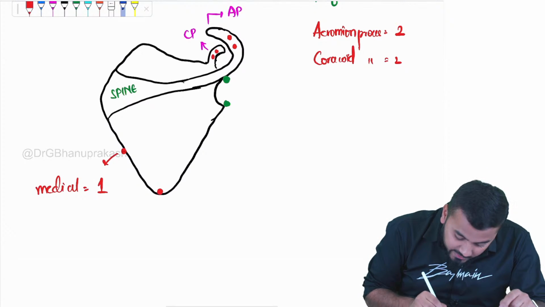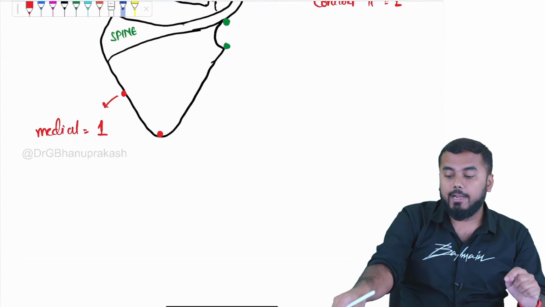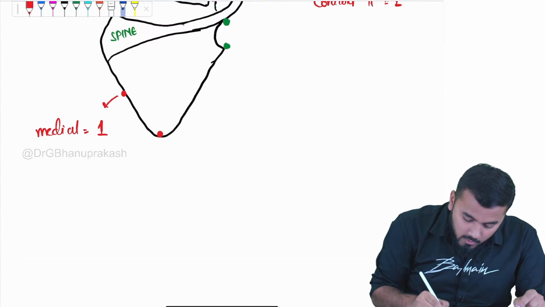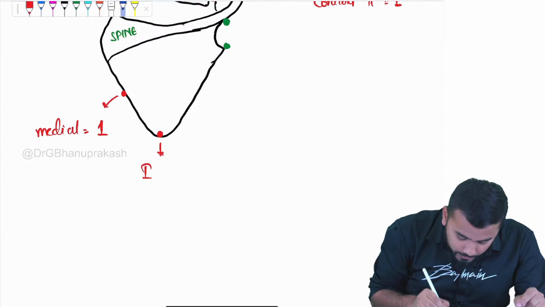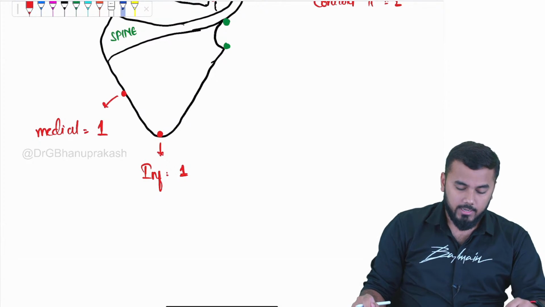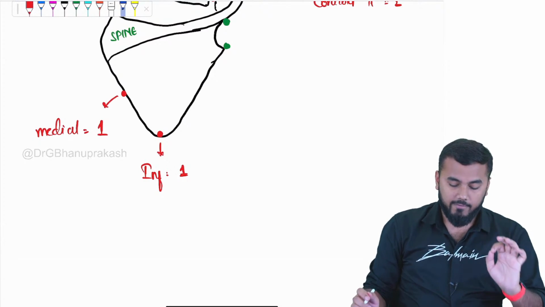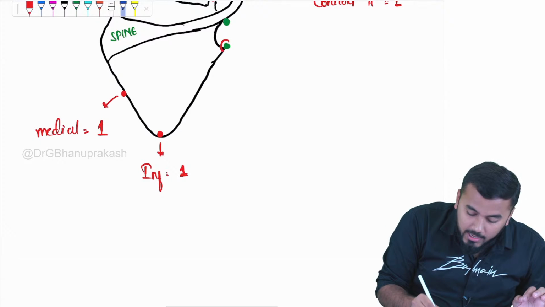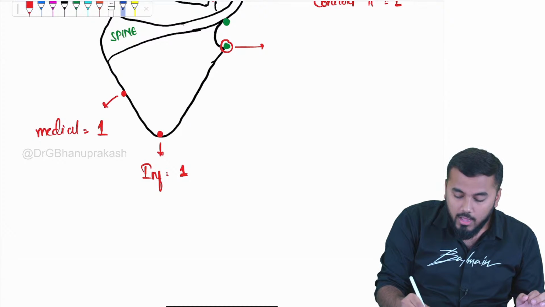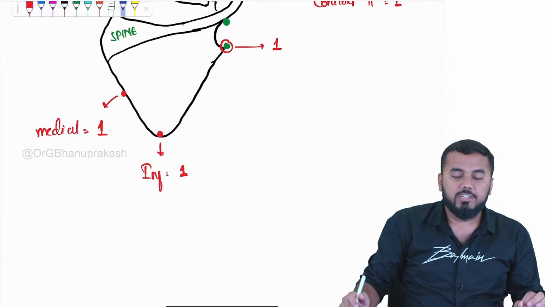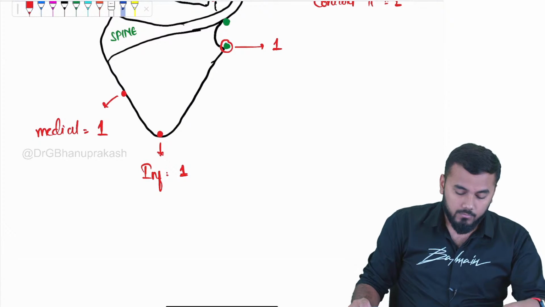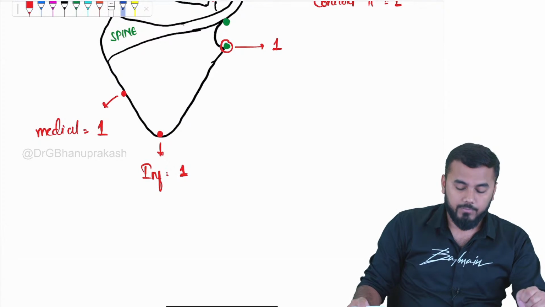Next, in the inferior angle, I also have one ossification center. Next important thing, look here very carefully: in the infraglenoid tubercle, also I have one ossification center.